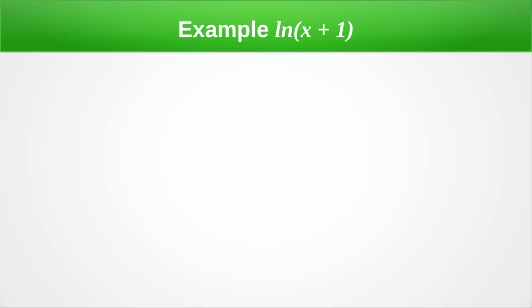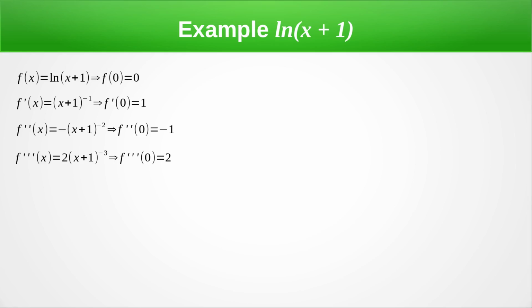Now I said we couldn't do an approximation for natural log of x because it doesn't exist at 0, but we can do it for natural log of x plus 1 because that does exist at x equals 0. So we're going to substitute in 0 to f of x, differentiate and then substitute in 0, differentiate again, substitute in 0, differentiate again and substitute in 0, and hopefully we can see what's happening now that we get this general term here.